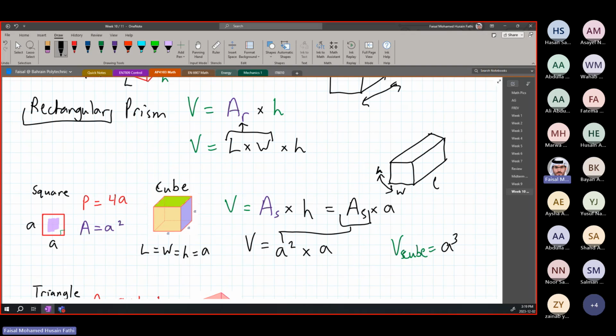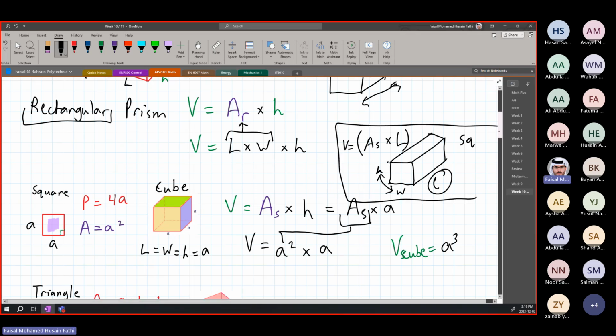These two values are equal, but this one is not. So here you will find the area of the square and then multiply by this new L to find the volume. Okay, this is in the case of a square prism, which is not the same as a cube. It's the same as a rectangular prism more than a cube.